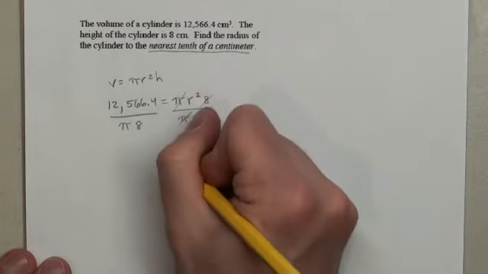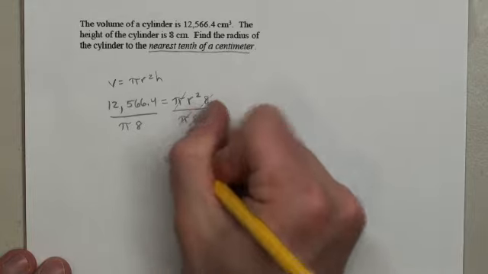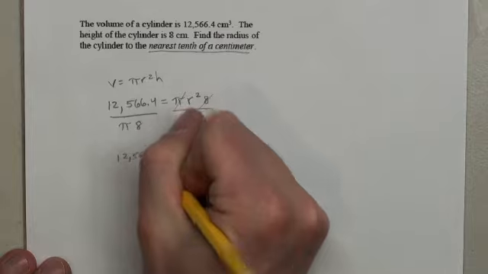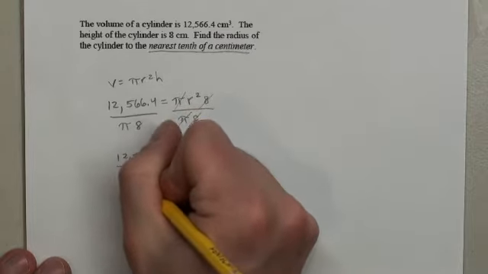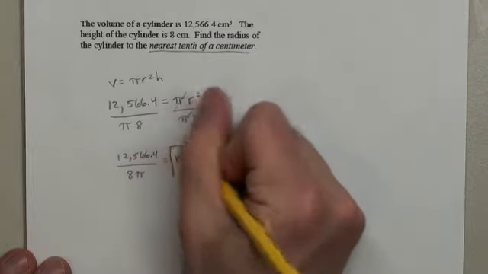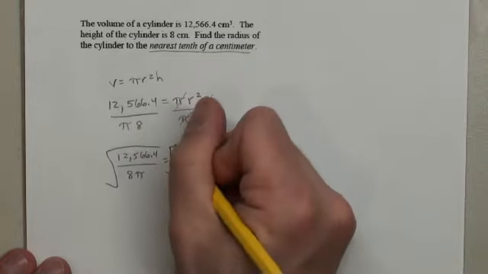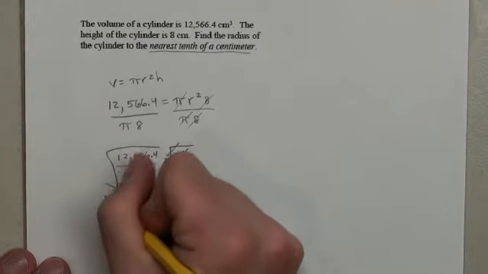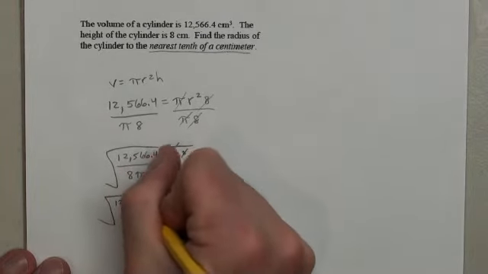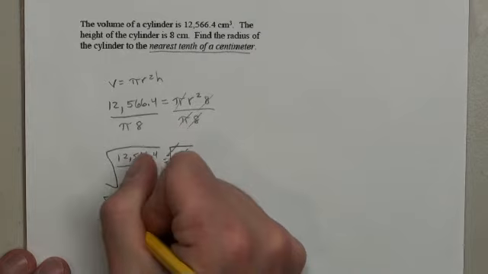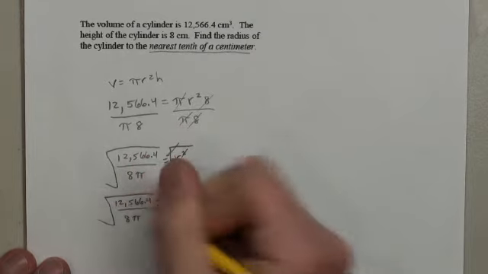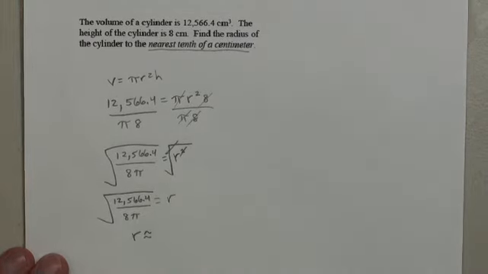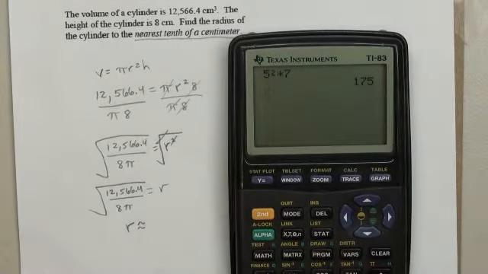We get r squared equals 12,566.4 divided by 8 pi. Take the square root of both sides. R equals the square root of 12,566.4 over 8 pi.